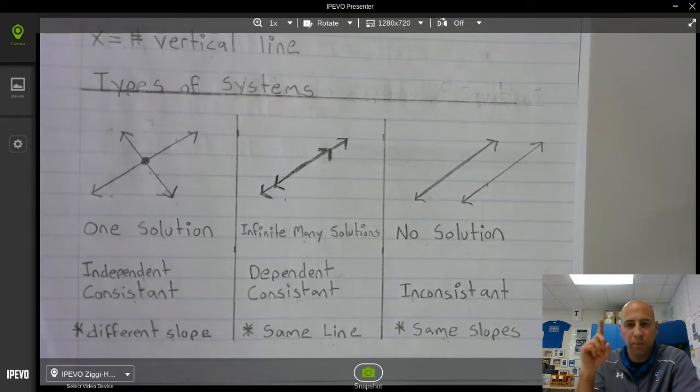All right, the next one is when you have the same line, it's infinitely many solutions, and it's dependent and consistent. And the last type is when the lines are parallel, which means there's no solution, it's inconsistent, and the lines have the same slopes. So if you would, pause a moment and update your notes.